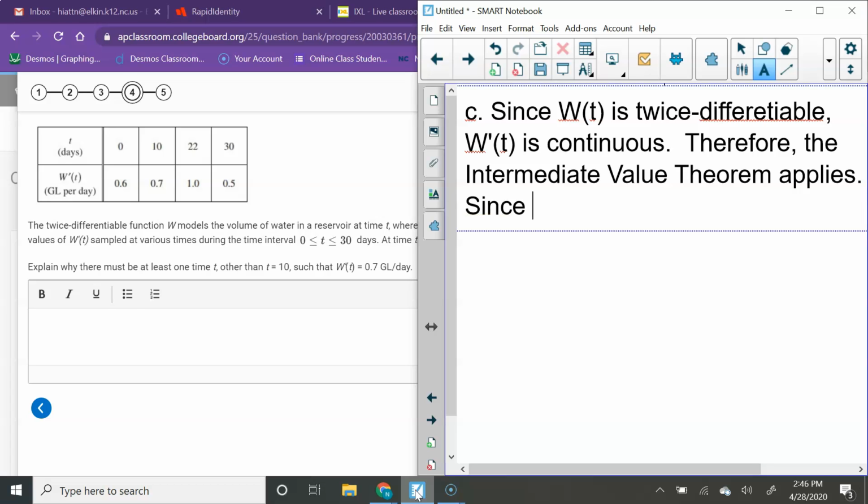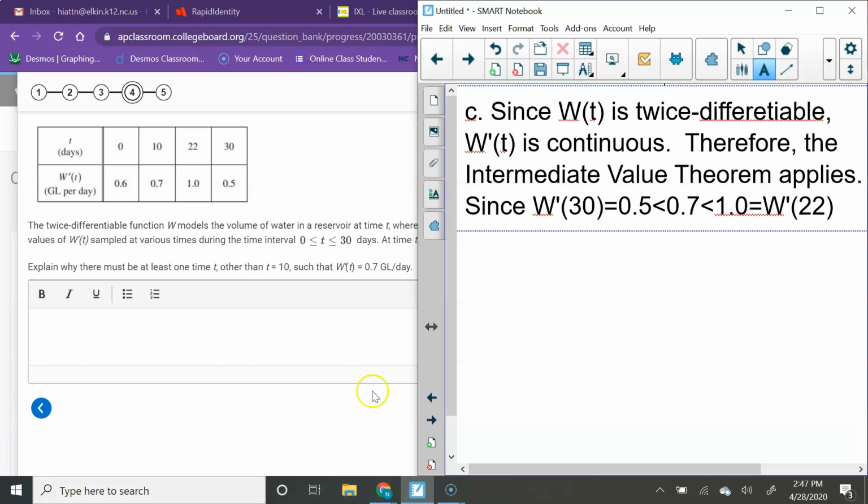Since w prime of 30 equals 0.5, which is less than 0.7, which is less than 1, or we could say 1 is the same as w prime of 22.